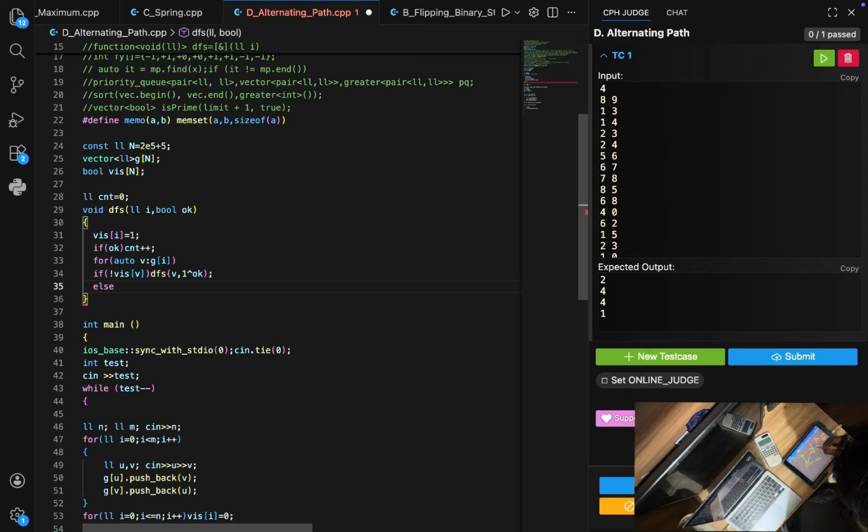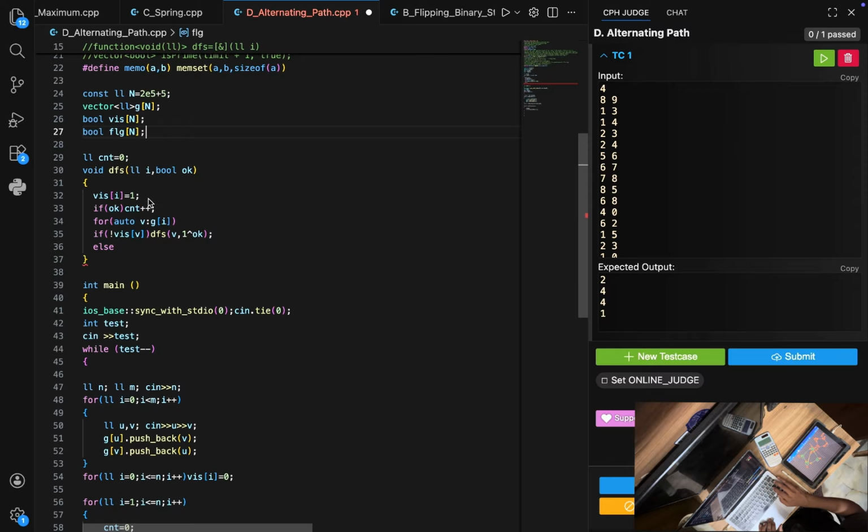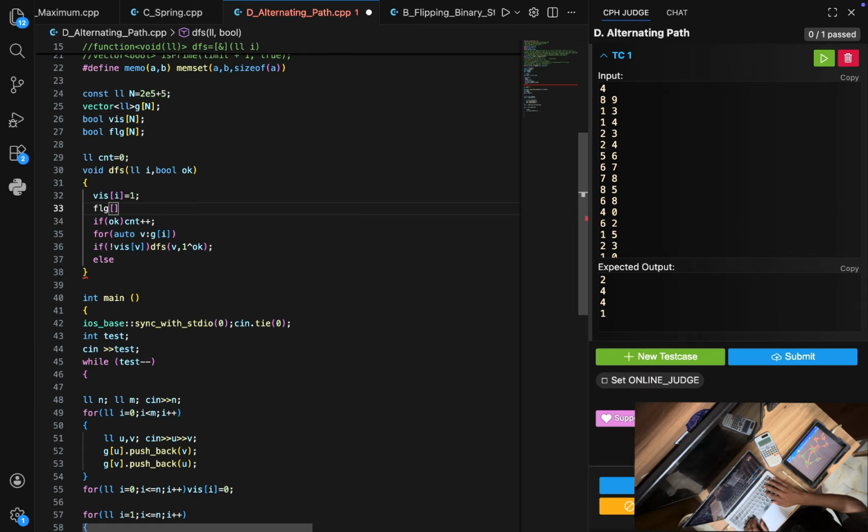It should be 1 but it found 0. Okay, so I need to pull flag.